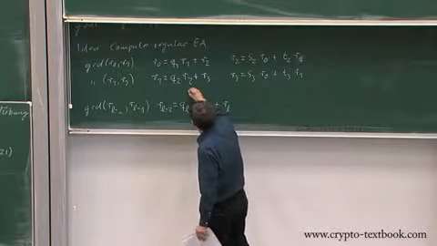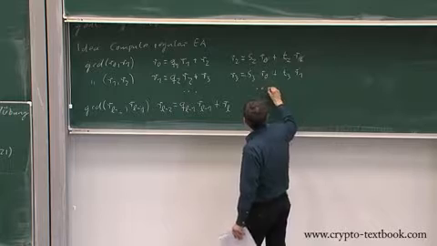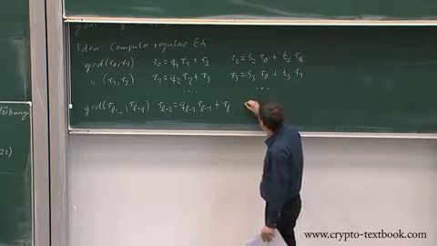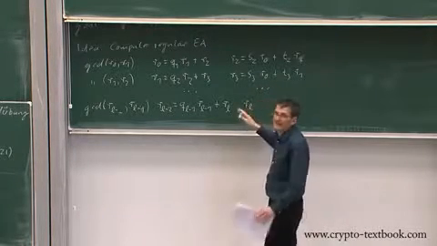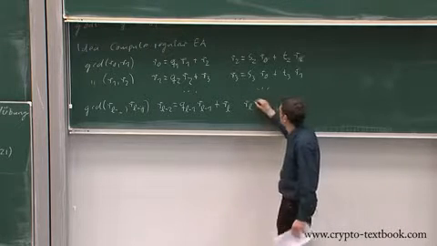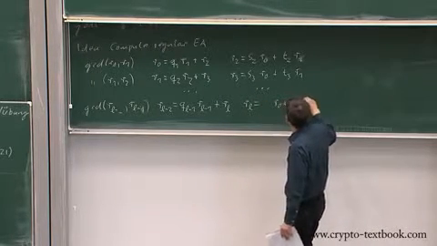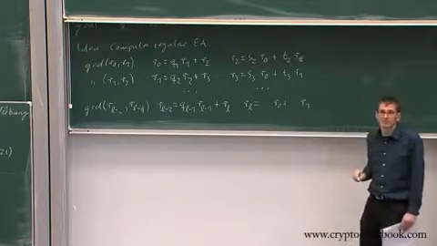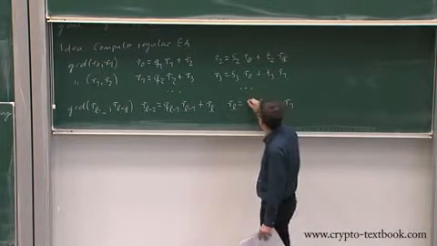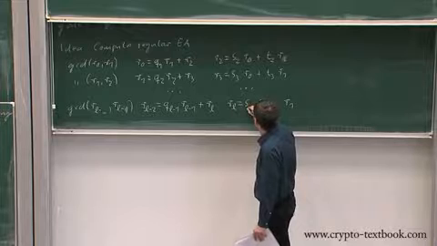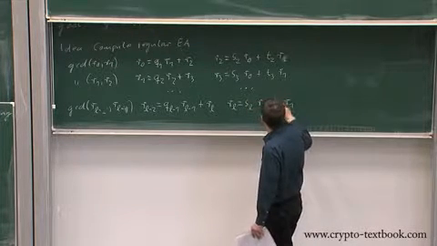This is dot, dot, dot. So what's happening here is now, again, somehow we will be able to write RL in this way. That means we have SL plus TL.